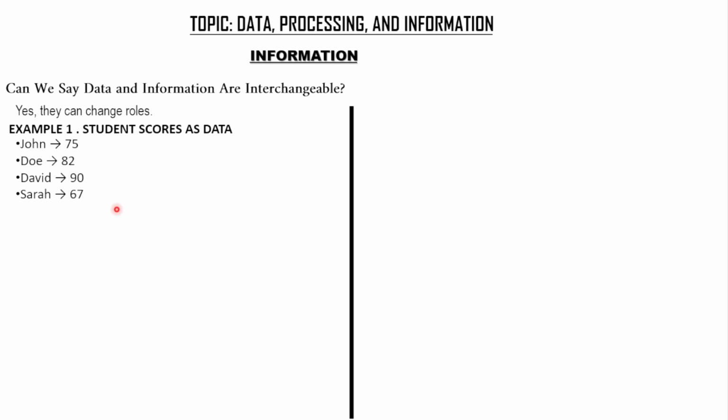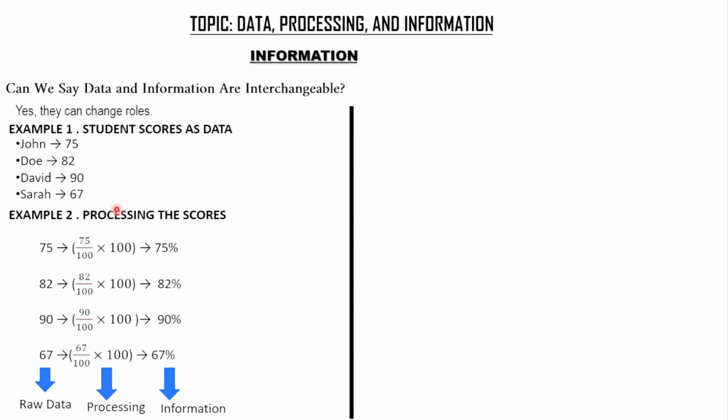At this stage, these are simply raw values, right? They are pieces of data. The computer cannot yet do anything meaningful with them, right? They are just facts collected from student exams. Okay.